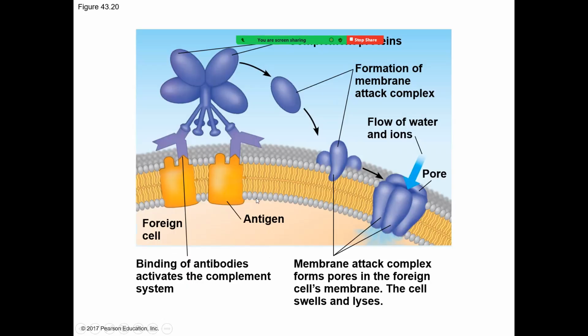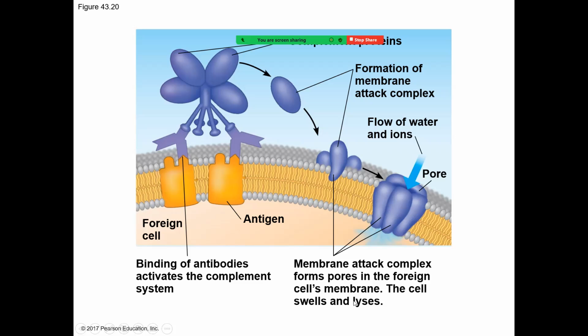And then here's the complement system. Again, the complement system has lots of proteins that are activated in a cascade, we call it. Ultimately, these cascade proteins are put together and help to create this MAC complex. This MAC, the membrane attack complex, is going to allow for lysis of the bacterial cell, which is here, or also lysis of the virus, but we more often see this in bacterial cells.